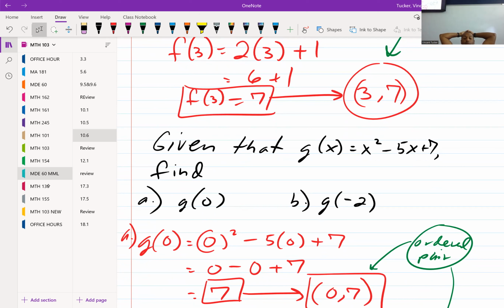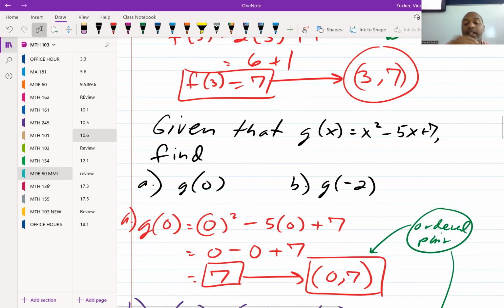And a, they want us to find g of 0. So we're plugging in 0 in each place that we see x. So that's 0 squared minus 5 times 0 plus 7. 0 minus 0 plus 7, and that is just 7. So if they wanted an ordered pair, your ordered pair would be 0, 7. But when you plug in 0, you get out 7. That's the main thing. Want to make sure we emphasize that.